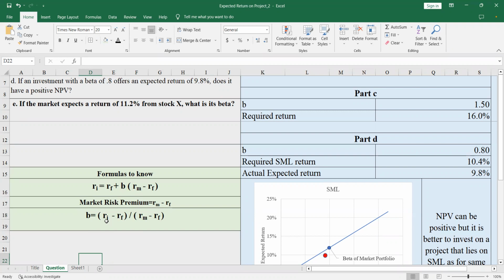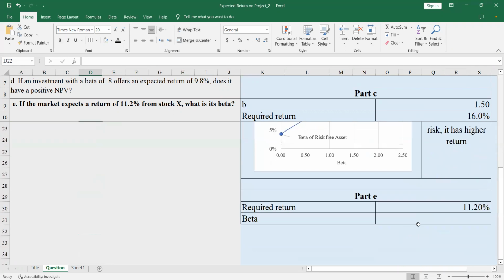In the numerator you have the premium on this investment, and beta can be defined as the premium on this investment divided by the premium on the market.